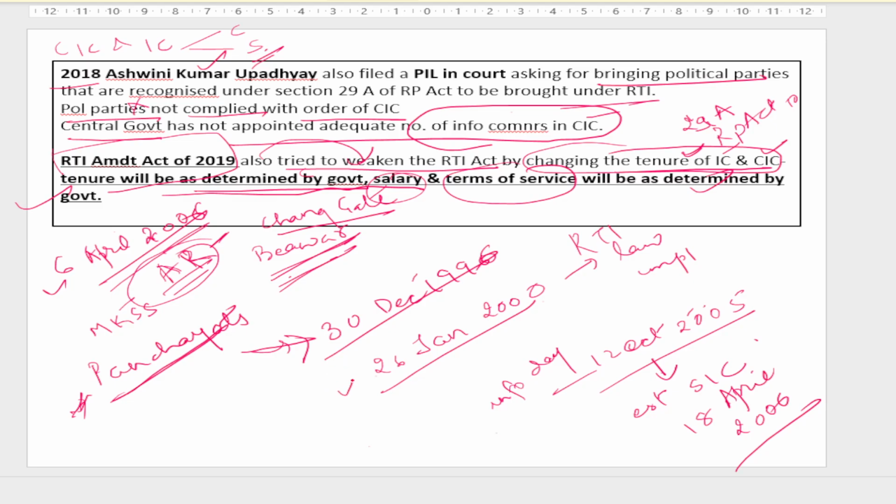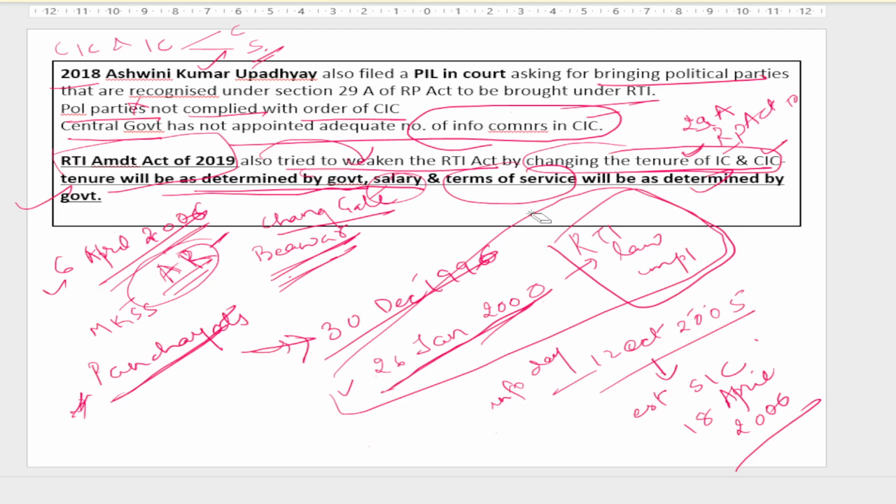Then on 26th of January 2000, the RTI law was made applicable in the whole state of Rajasthan. So this was before the enactment of the Central RTI Act. On 26th of January 2000, the Right to Information was implemented in Rajasthan.